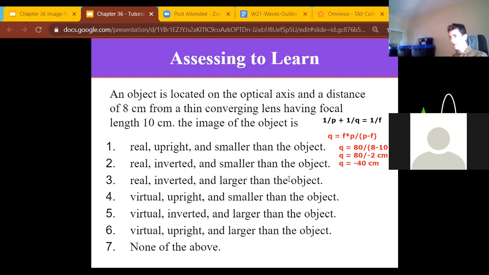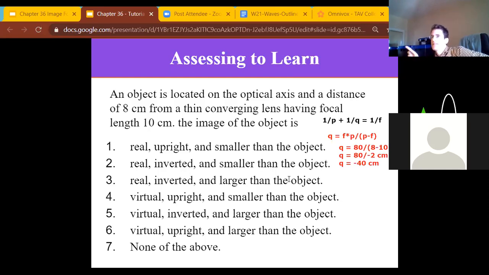Okay. So according to the lens formula, the image formed when the light of the object refracts through the lens is at negative 40 centimeters.